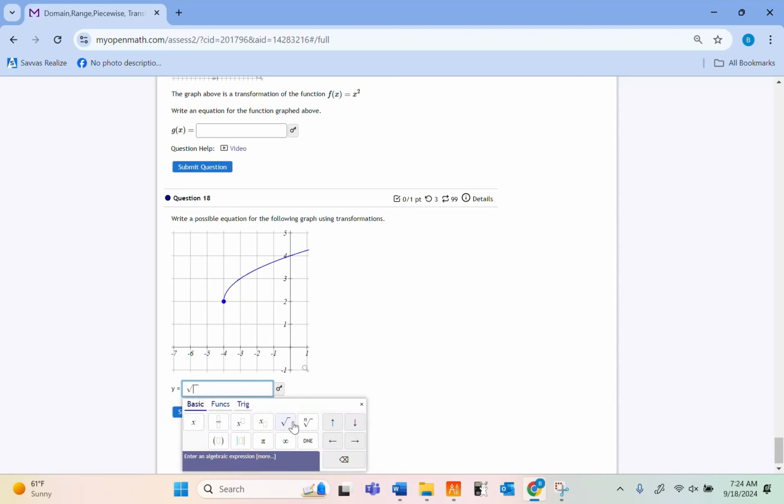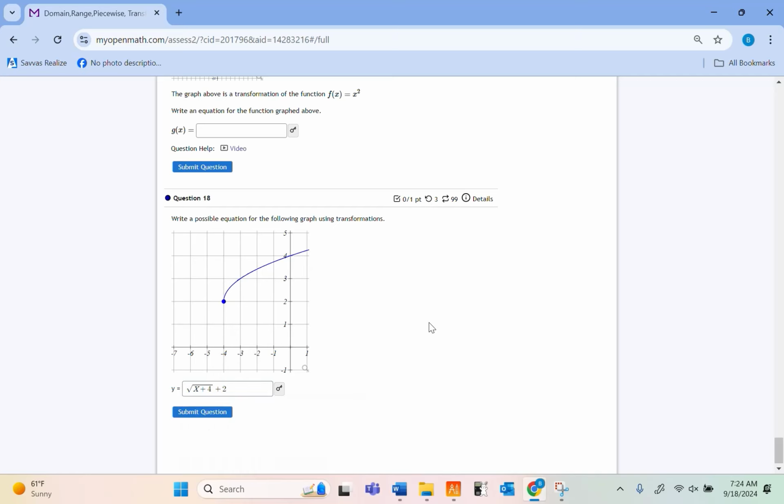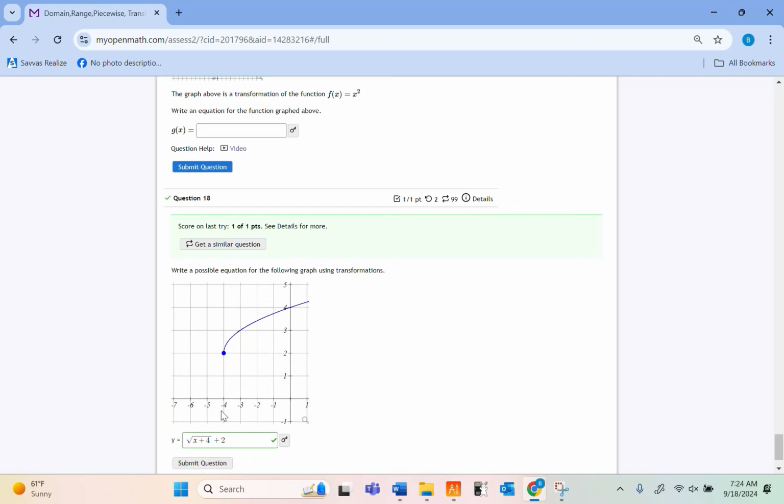So just the square root. We have shifted left 4, which means we add 4 inside. And we have shifted up 2, so add 2 on the outside. Then I'm right on that one. And that is the MYOPENMATH video if you needed it. It was not a requirement that you watch this video.